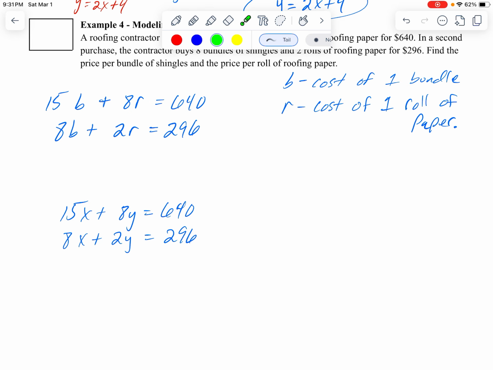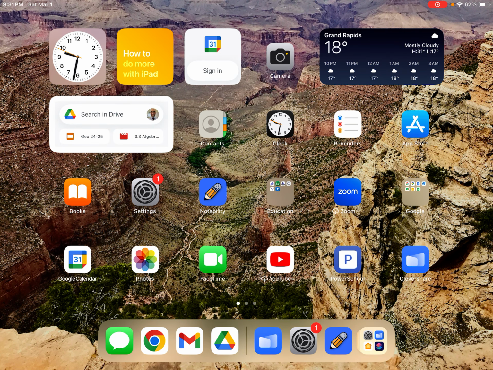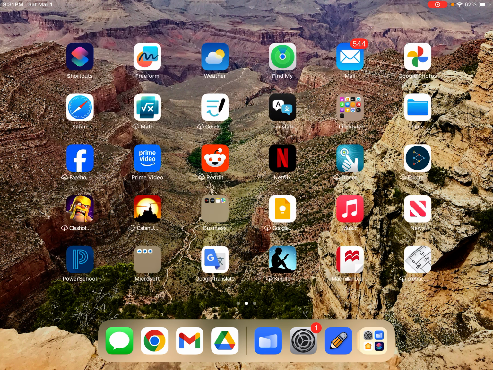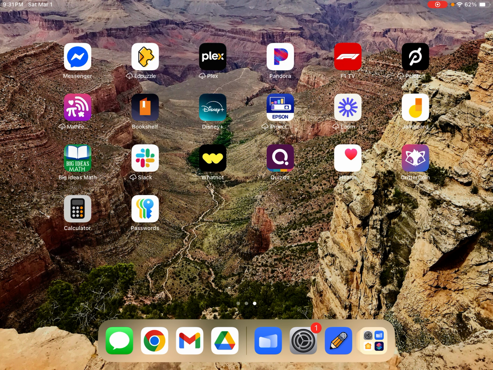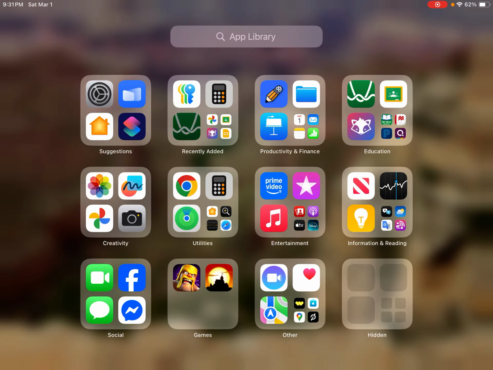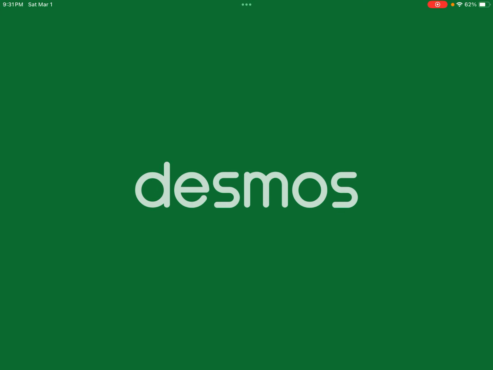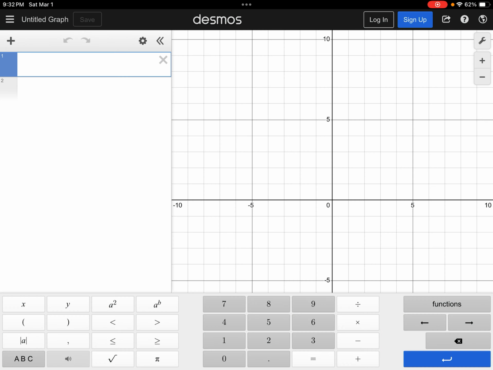Actually, let me see if I can just do this real quick. Where is my Desmos? All right, so let me see if I can remember here. 15x plus 8y equals 640.